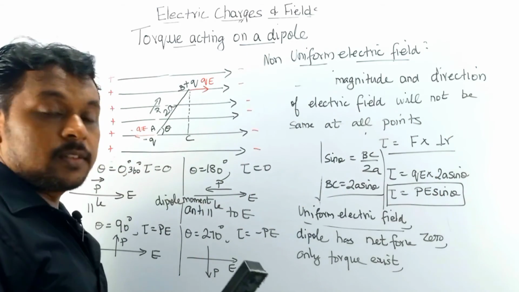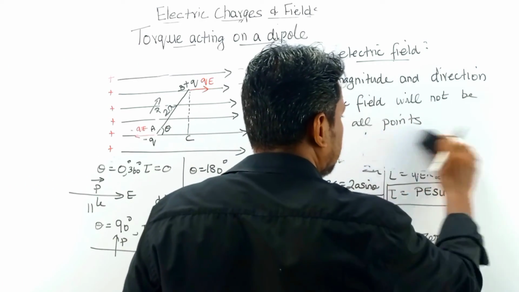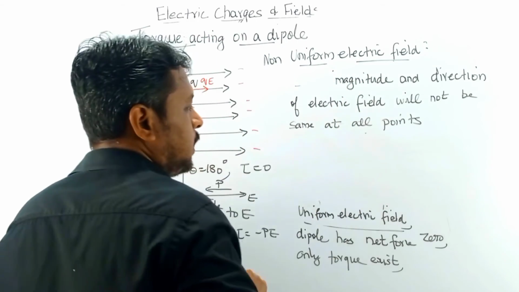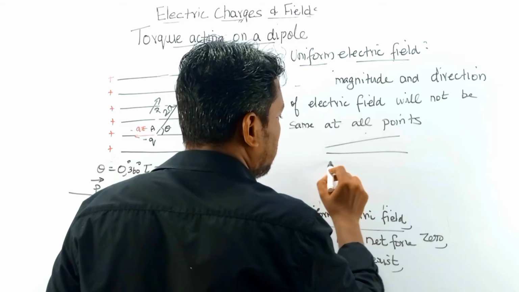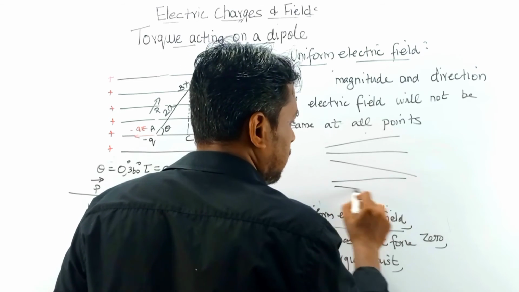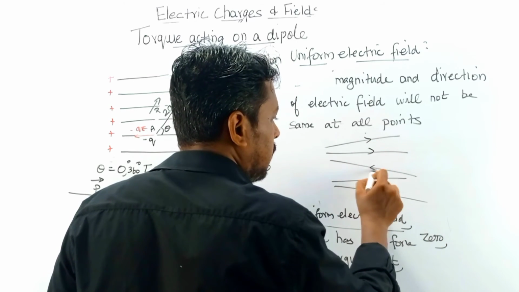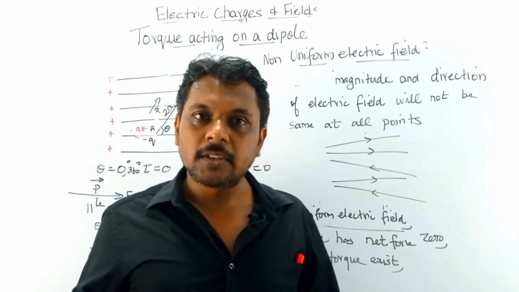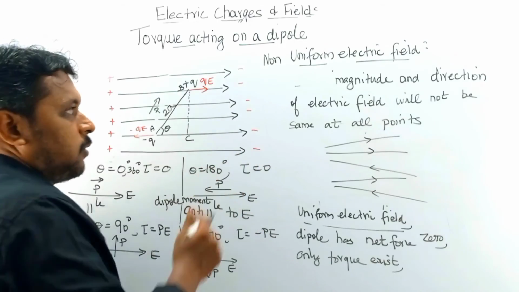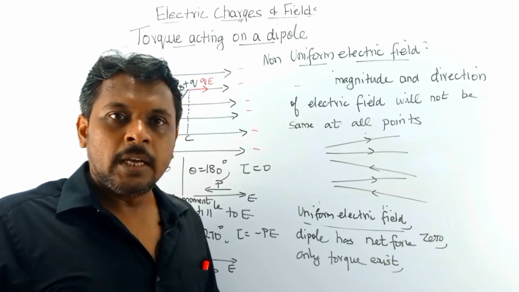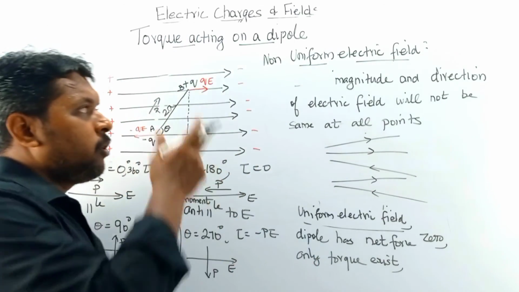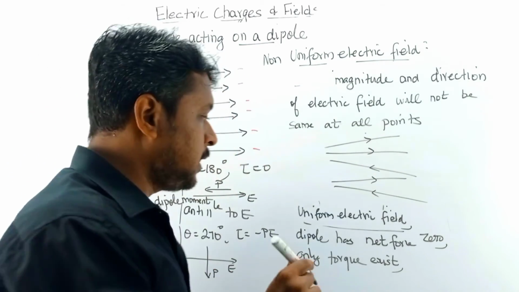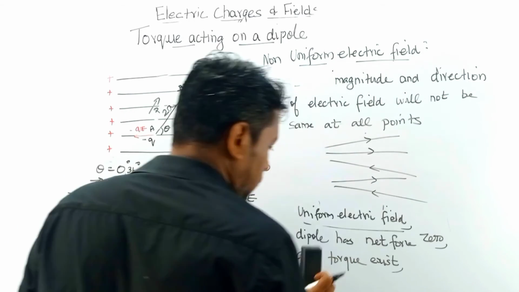So this will be a non-uniform electric field. The magnitude and also the direction will not be the same at all the points in case of a non-uniform electric field. So what happens to the dipole placed in a non-uniform electric field?